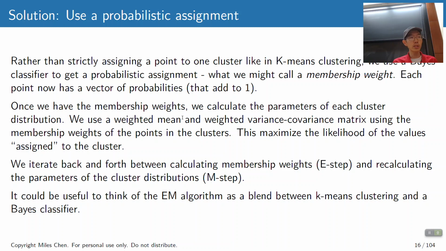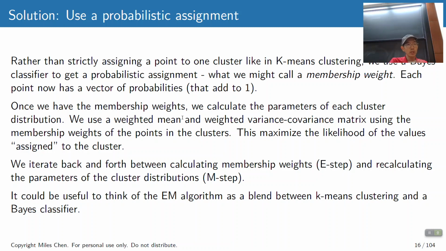And so you can think of the EM algorithm as a blend between k-means clustering and the Bayes classifier. If you understand k-means clustering and this iterative reassign, recalculate, but you also understand the Bayes classifier that says we're going to get probabilistic values for each class, the EM algorithm is a bit of a blend of that.